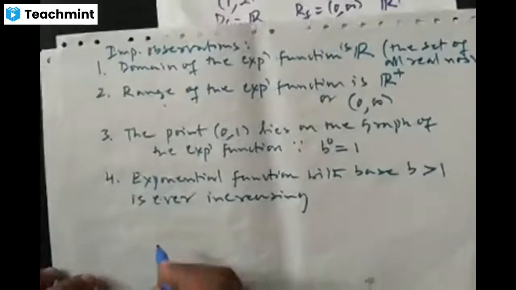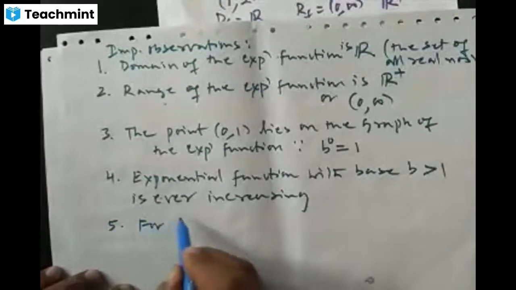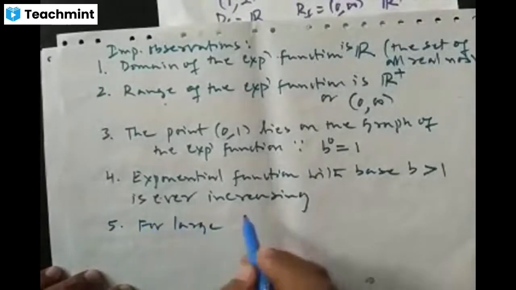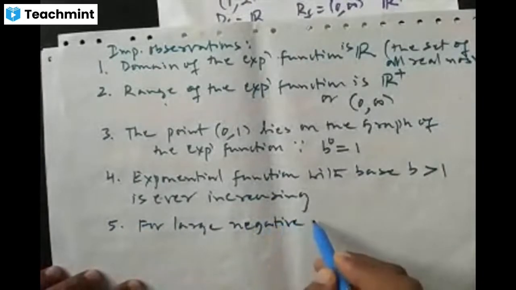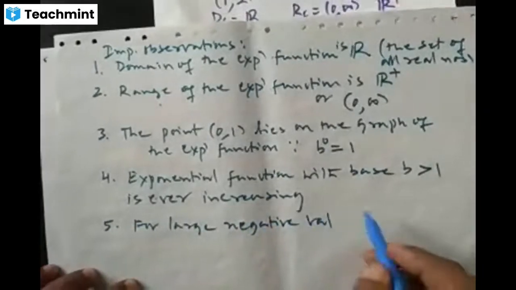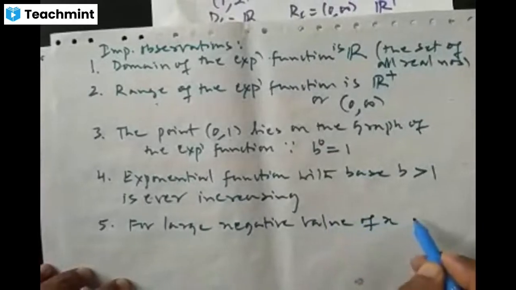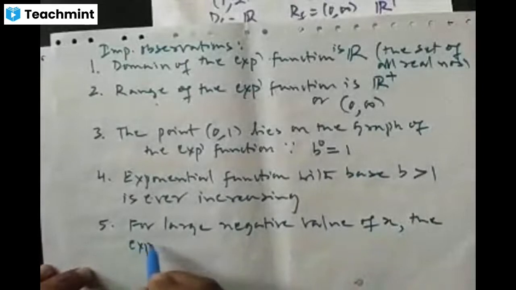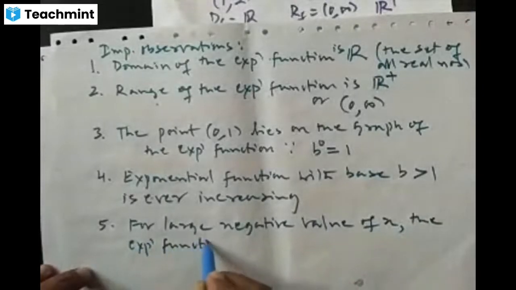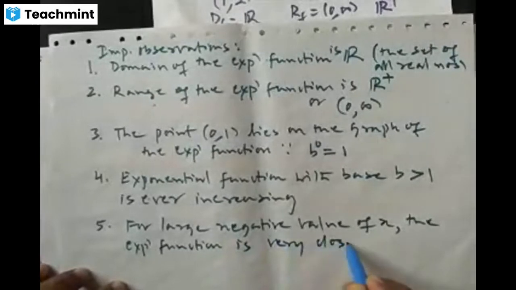Okay. Next, last one, point number 5. For large negative values of x, the exponential function is very close to 0.